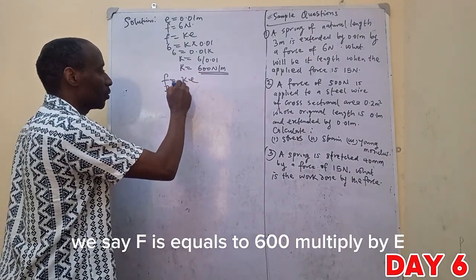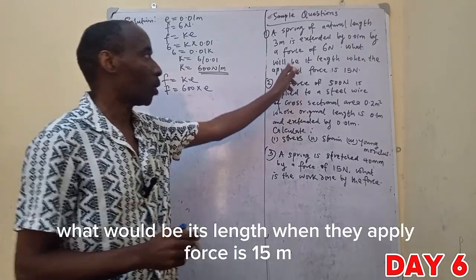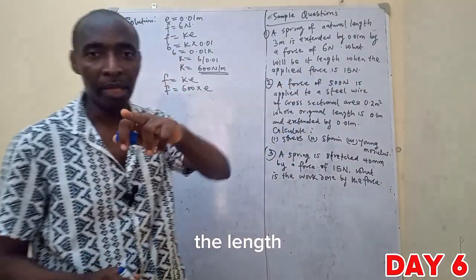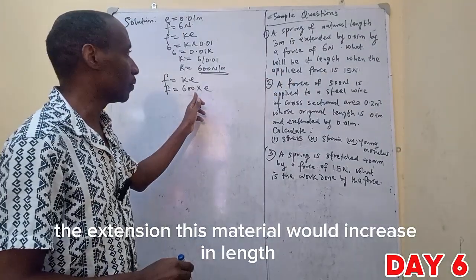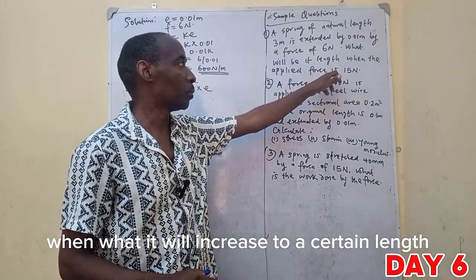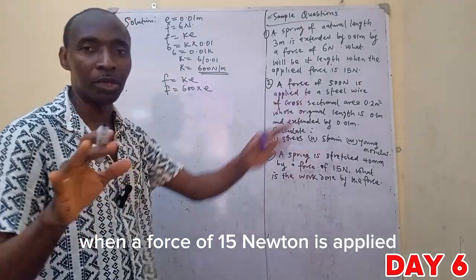We say F is equal to 600 multiplied by E. The extension is how much this material will increase in length when a force of 15 Newton is applied.